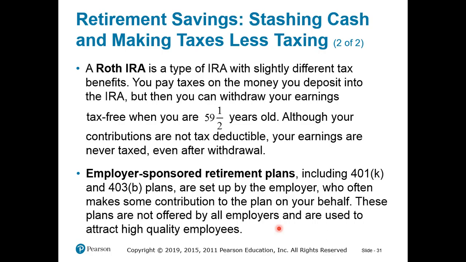Okay, not all companies do this, but most do. Okay, now these plans are not offered by all employers and are used to attract high quality employees. So this would be part of your, let's say, your benefit package, possibly. Okay, or they do this to attract people to come to their company.